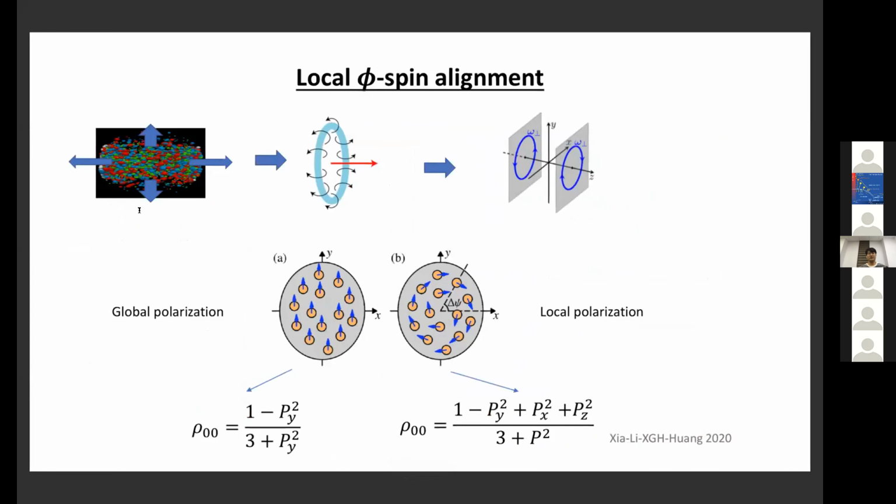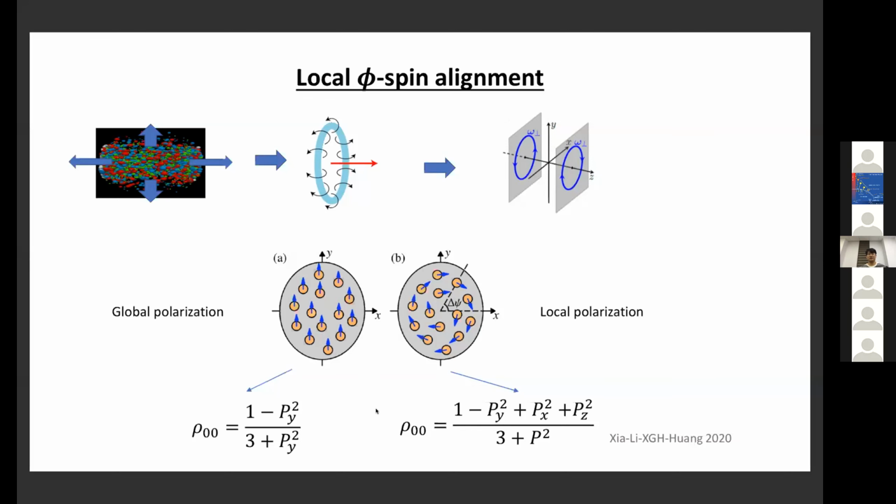So remember that in the inhomogeneous expanding case, there will be ring-type vorticity generated in the forward rapidity and backward rapidity regions. In this situation, if you rederive the rho 0,0, you will find that the rho 0,0 could receive contributions not only from Py, that is the polarization of quarks along the global angular momentum direction, but also from Px and Pz.